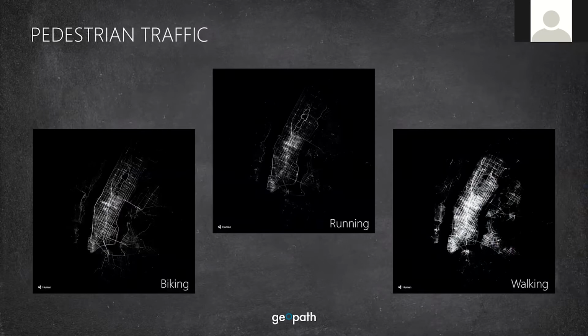These are some fun visuals that are created from a group called Human. They are part of Mapbox, and they're a fitness app, and you can see that just looking at the patterns is a nice visual. This is here in the island of Manhattan, different areas where people are biking, different areas where people are running, and different areas where people are walking. And you see some highlights pop out. In the running one, you see the route around Central Park pop out.